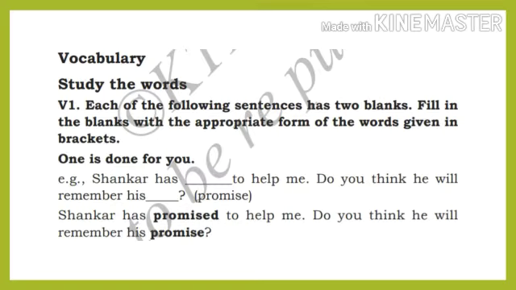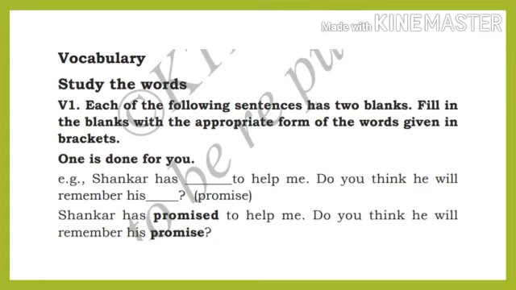So first, each of the following sentences has two blanks. Fill in the blanks with the appropriate form of the words given in brackets. We can use either noun or verb and also adjective. The first one is done for us.